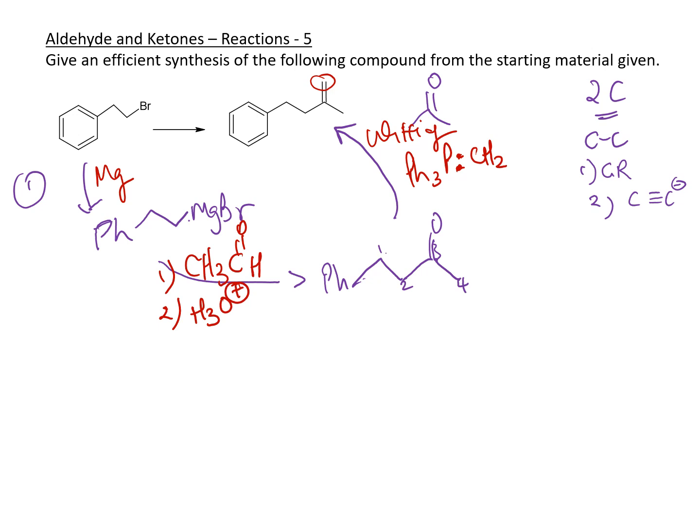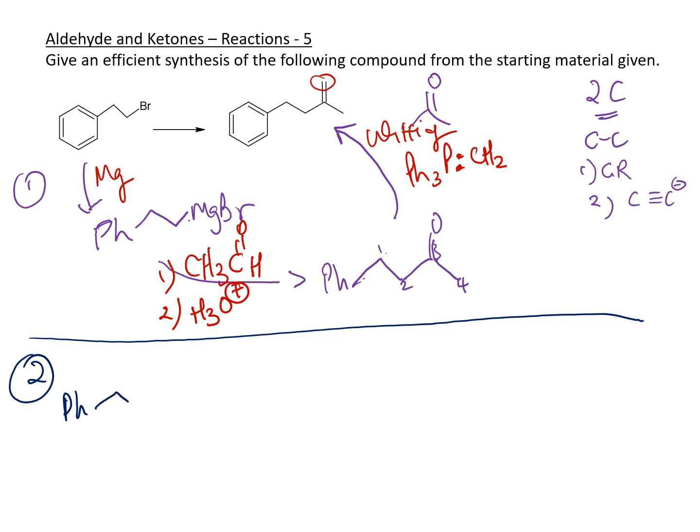Now I'm going to draw a second one also for you. The second one is also pretty easy to do, so let's start with that. For the second synthesis, I'm going to add an alkyne. We still have the same starting material, which is the 2 carbons. And now in this case, I'm going to add an alkanide ion.